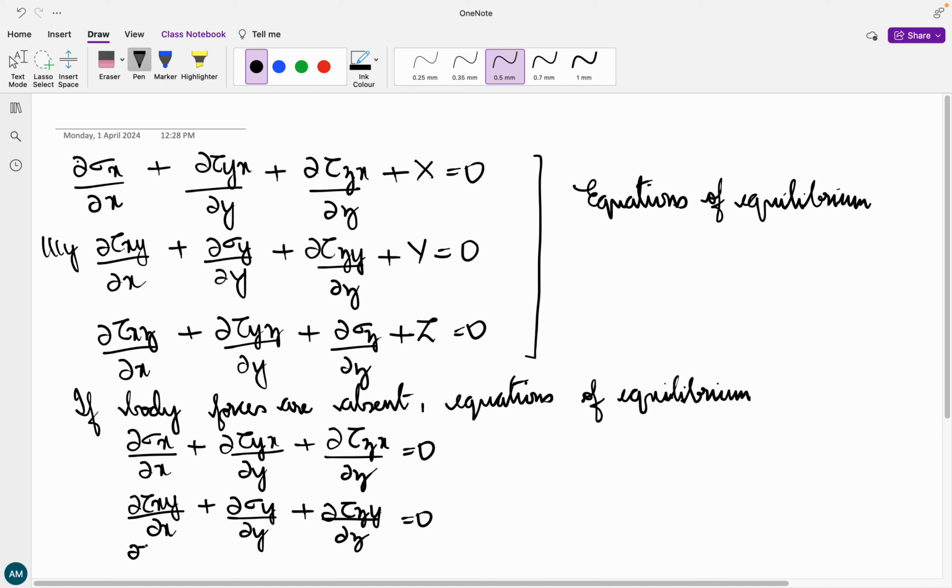And then the third is dou tau xz by dou x plus dou tau yz by dou y plus dou sigma z by dou z equals 0. I've just made these three equated to 0. Yes, so this is the equation of equilibrium if the body forces are absent. Alright.